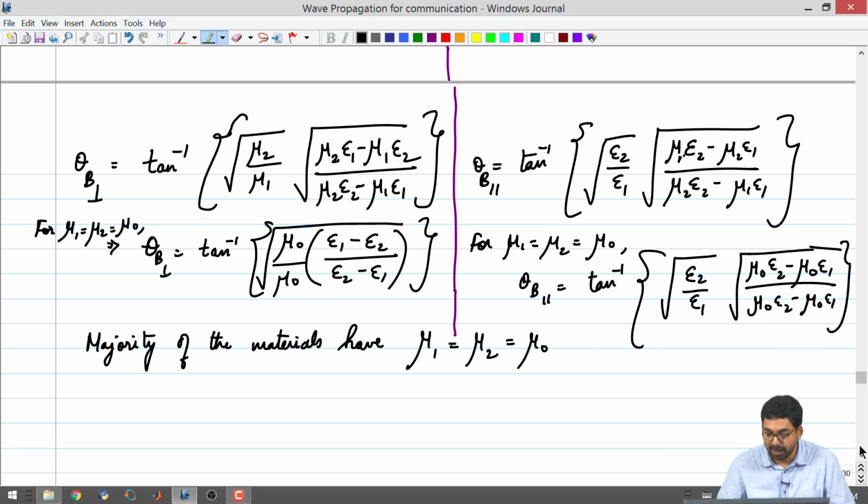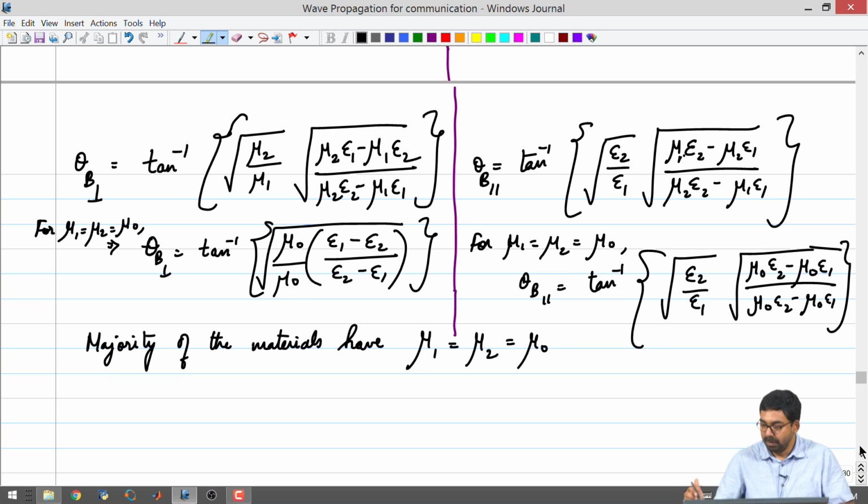In fact, in the case of non-magnetic material, there does not exist a Brewster's angle for perpendicular polarization. However, for the parallel polarization, you do have a real angle that you are getting. That is a detail, but the most generic form is what we saw before, cos inverse of eta 1 by eta 2 cos theta t.